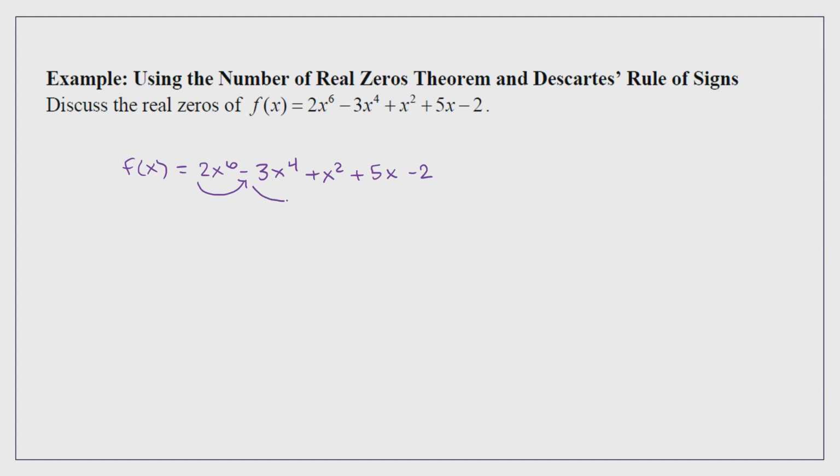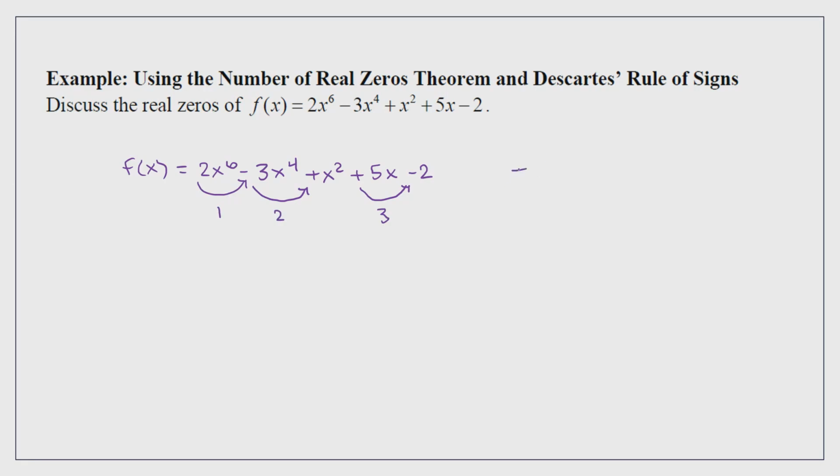So my sign again has changed from negative to positive. 5x is positive, so my sign has not changed. And then my constant, negative 2, has a negative or subtraction sign, and so my sign has changed. So I have 1, 2, 3 variations.